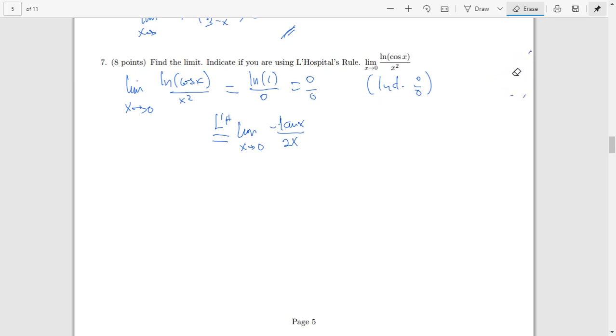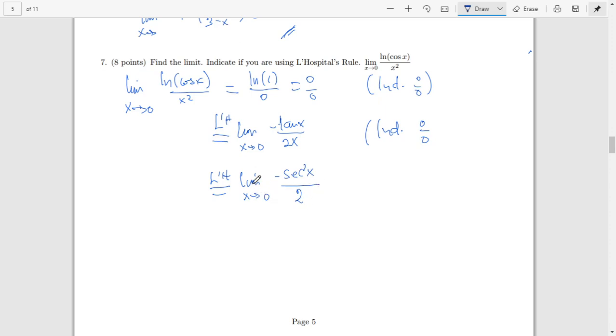Now, if I take the limit of what I have here also, I'll get an indeterminate form of type 0 over 0 because tangent of 0 is 0 and 2 times 0 is 0. So I'm going to apply L'Hopital's rule again. I'll still have the limit as x tends to 0 of, when I differentiate tangent, I get secant squared, over, if I differentiate this, I get 2.